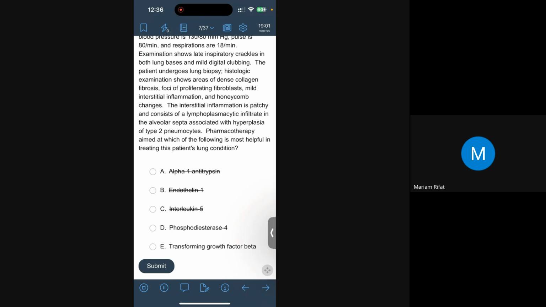Phosphodiesterase 4 inhibitors are used in which disease? In pulmonary hypertension, I think. Erectile dysfunction as well.